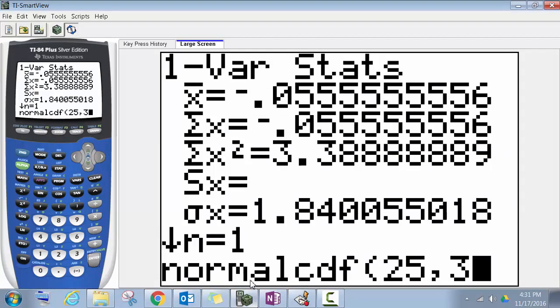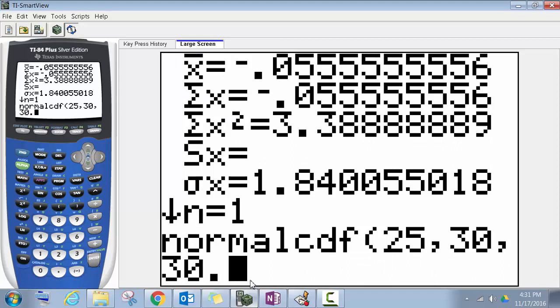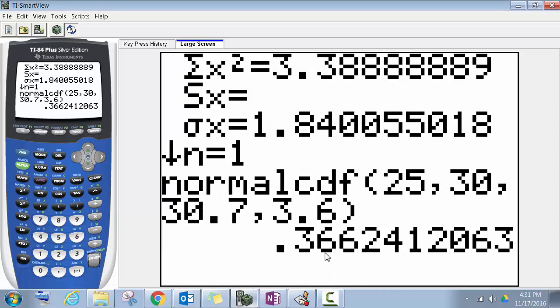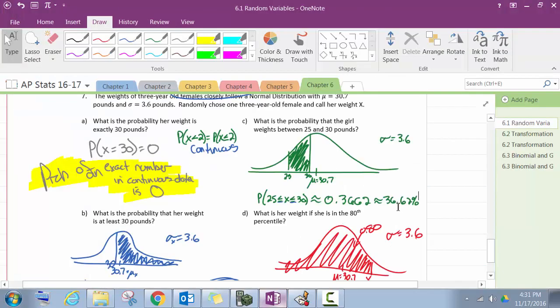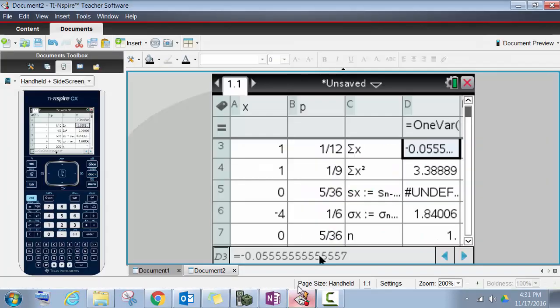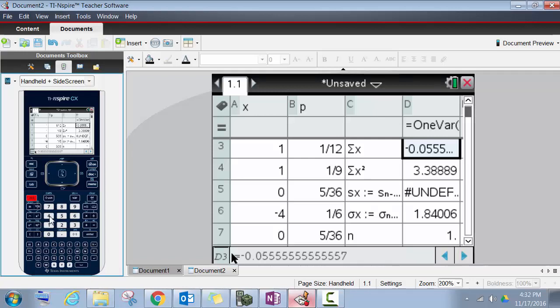The upper limit is 30. I want to go from 25 to 30. Then I put in my mean, then my standard deviation. I get a probability of 36.62%. Do not give me just 37%. If you round, I will take off extra points. 36.62%.